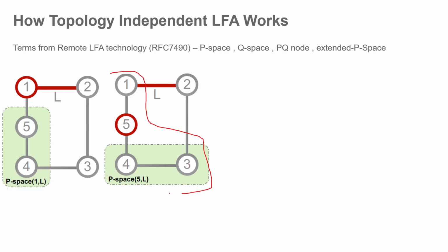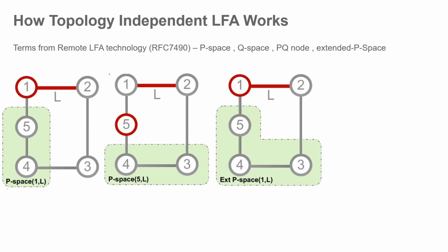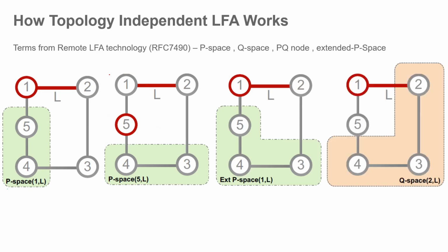So we can say that the P space and extended P space is this one for router 1. Q space. Q space will always be for the merge point or for the destination.